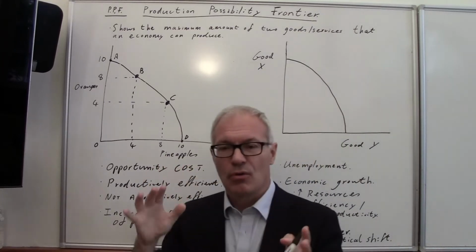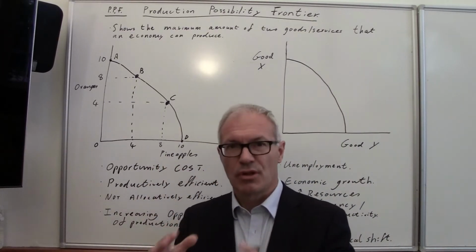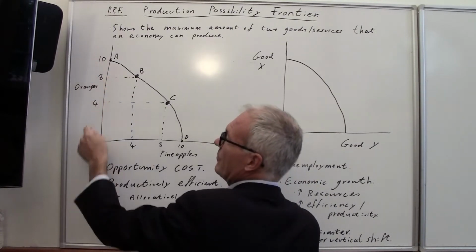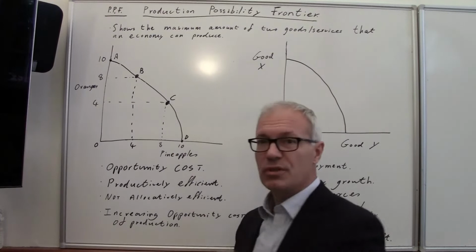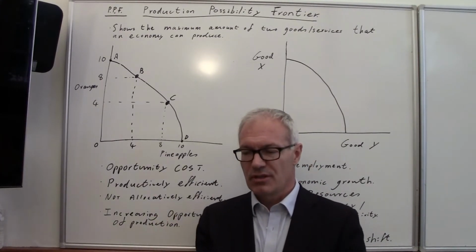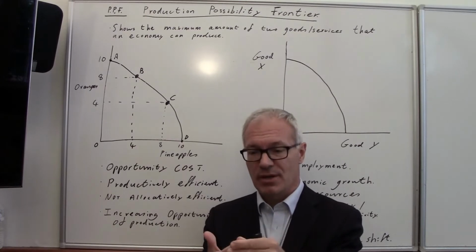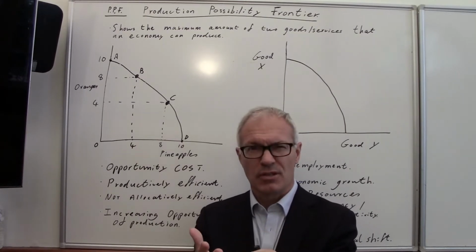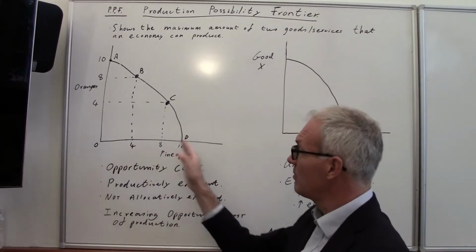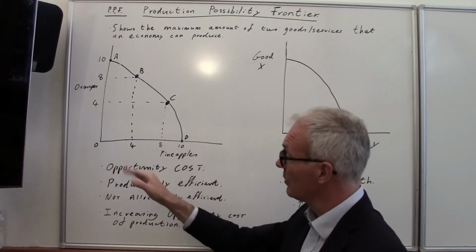If we all just produce oranges, we can actually produce 10 oranges, yeah, using the resources we have. So the resources will be the factors of production. So that's land, labour, capital, and our enterprise. If we just produce pineapples, we can produce 10 pineapples, okay?